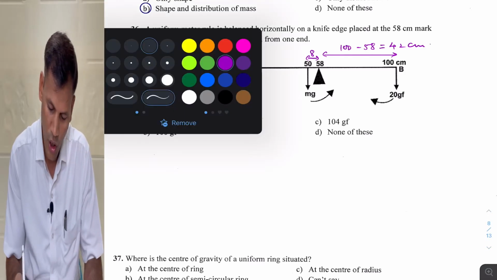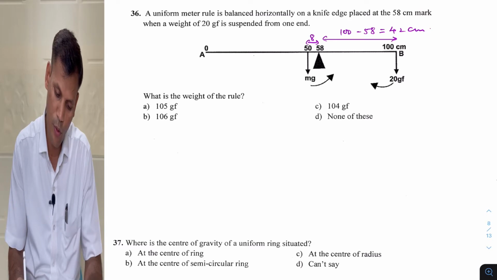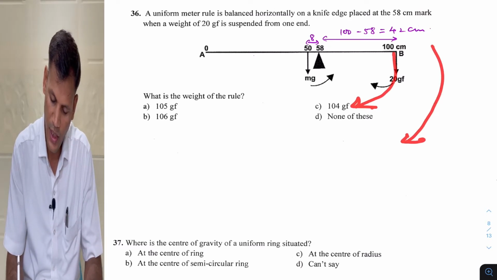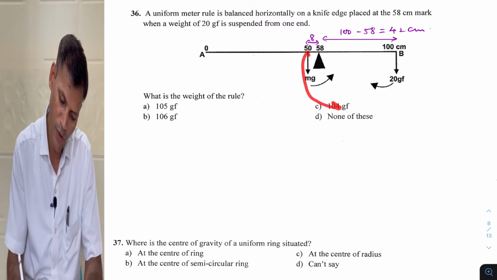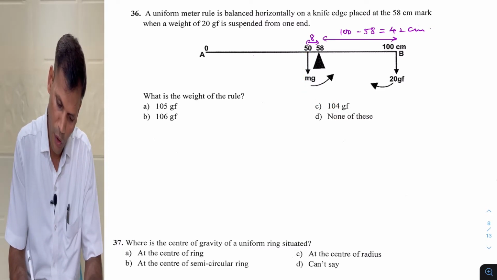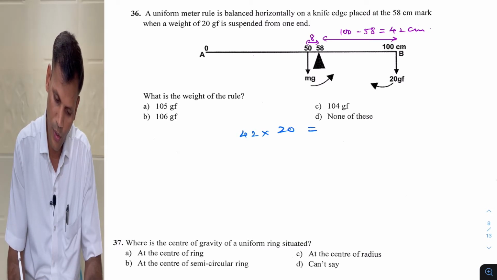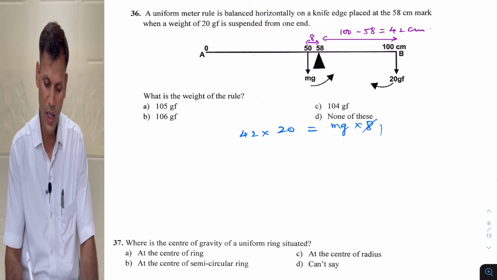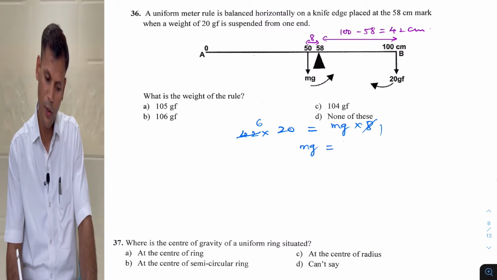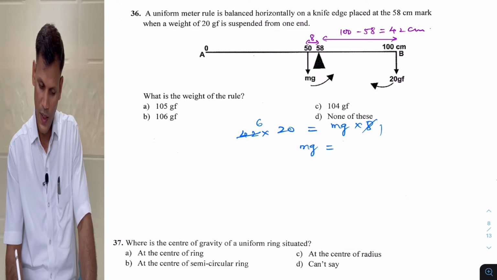We have studied according to the principle of moments, clockwise moment equals anti-clockwise moment. This will form the clockwise moment, and this will form the anti-clockwise moment. So now we can say 42 into 20 is equal to mg into 8. So mg is equal to 105.